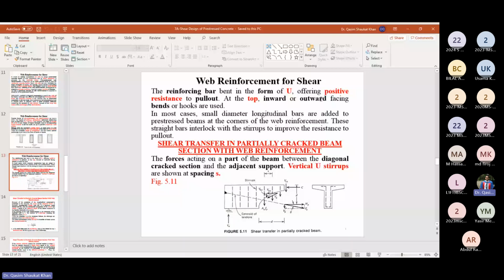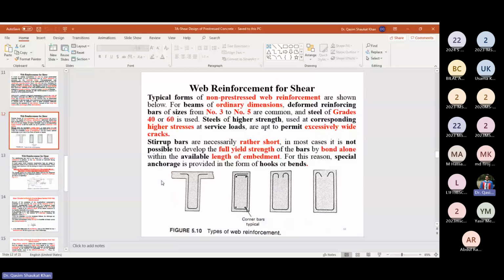You can see we are providing hooks or bends, generally 90 degree or 130 degree hooks. So that will help us to prevent the pull out.